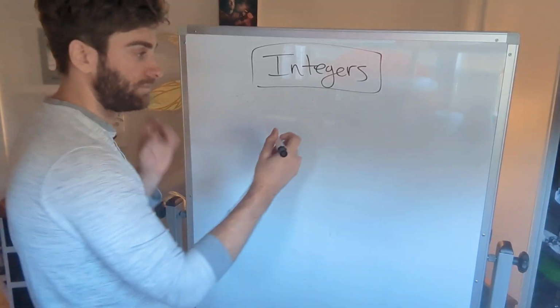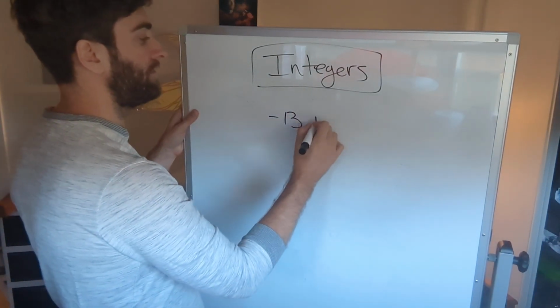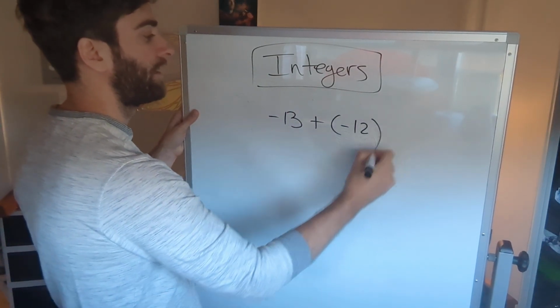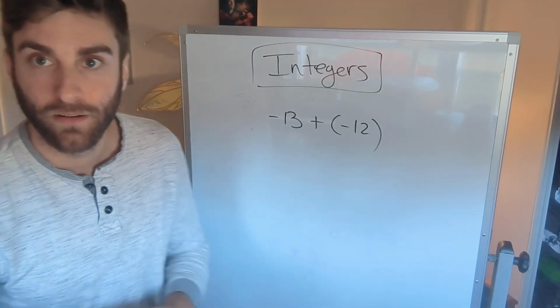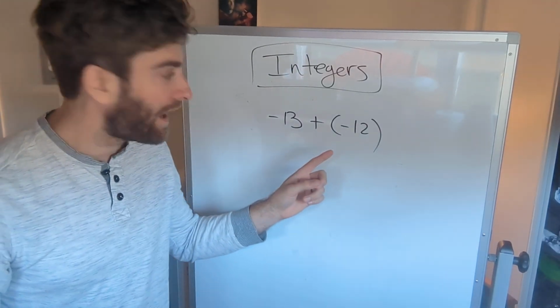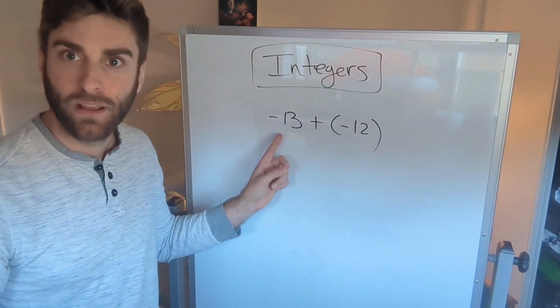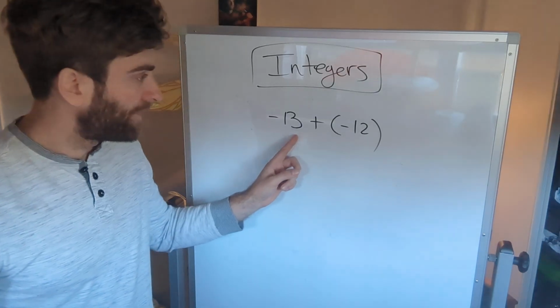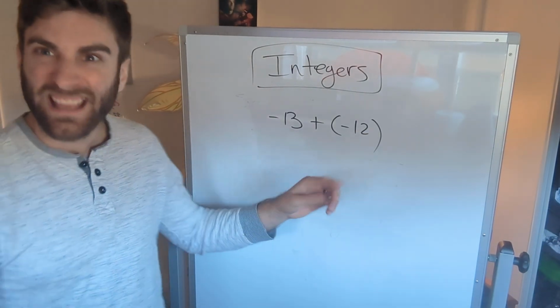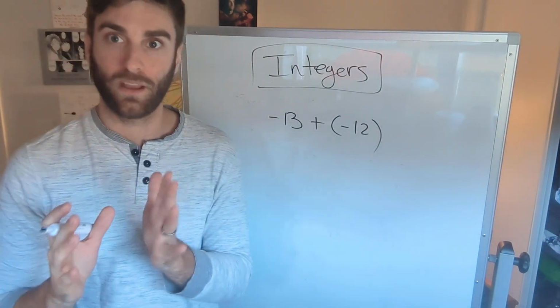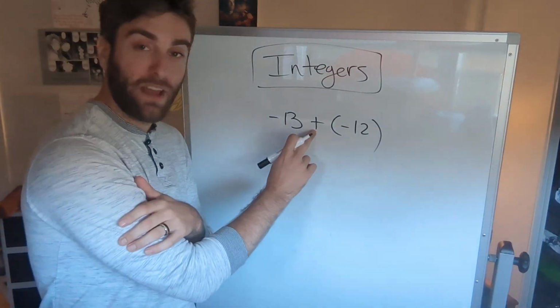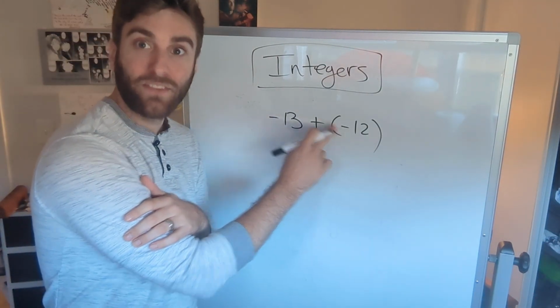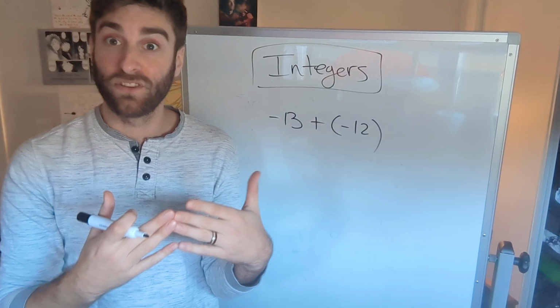Here we go. -13 plus -12. What am I doing here? First thing you might be wondering is, why do I have parentheses around the second number and not the first number? This parentheses here is just for tidiness. It's so that we don't have a plus and a minus next to each other with nothing in between.